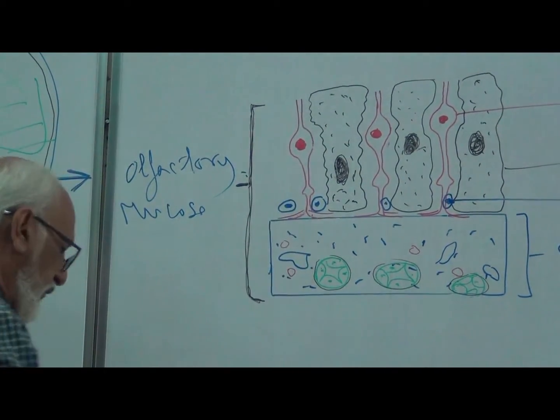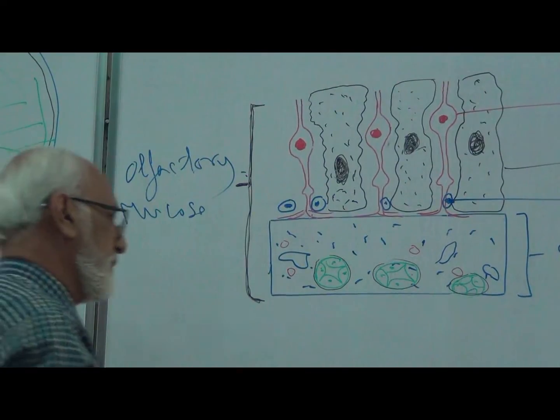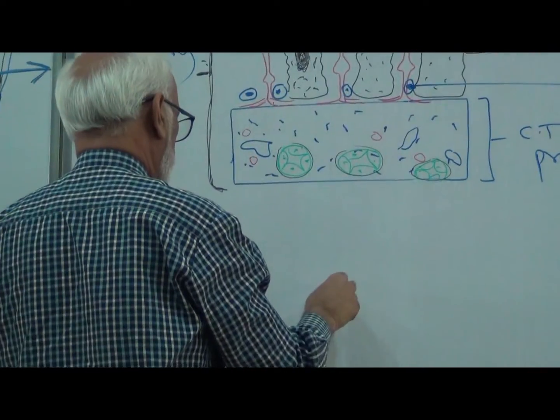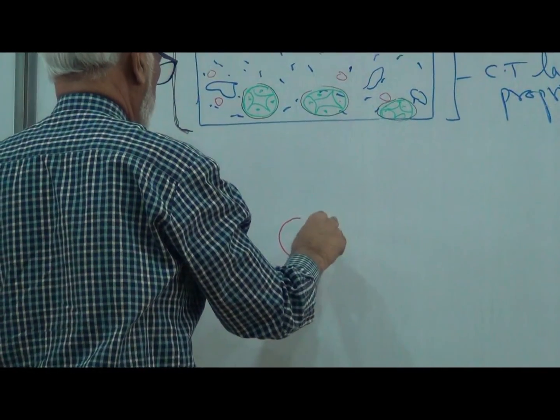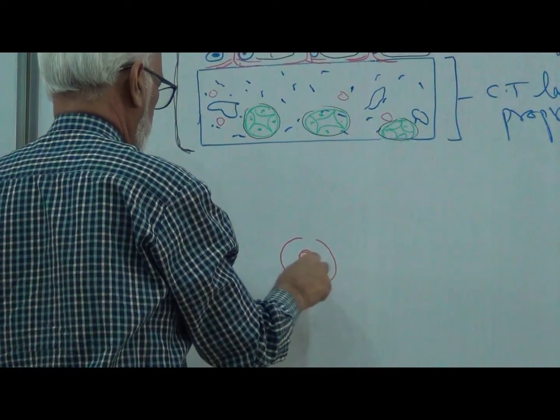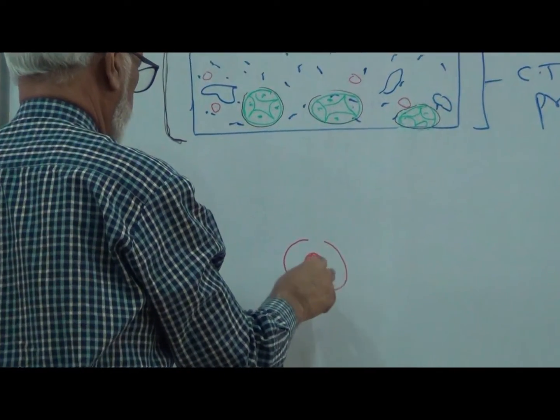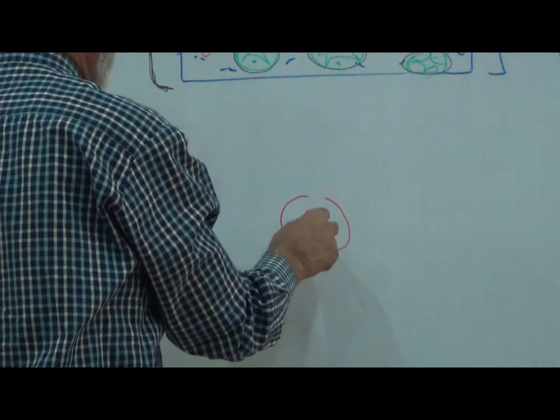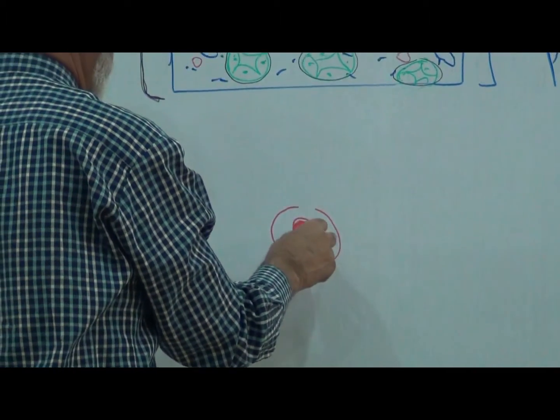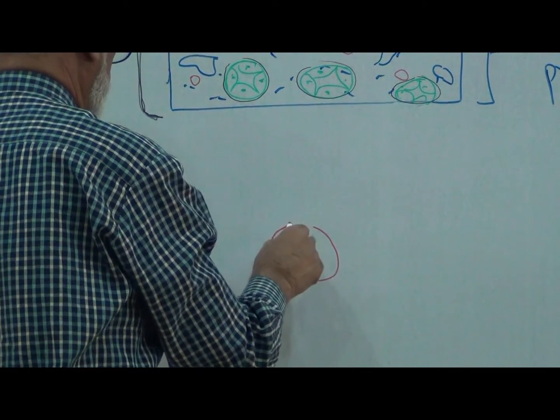Now, olfactory neurons, detailed structure. These neurons are bipolar neurons. This is the cell body of an olfactory neuron. From it, processes arise called neurites.